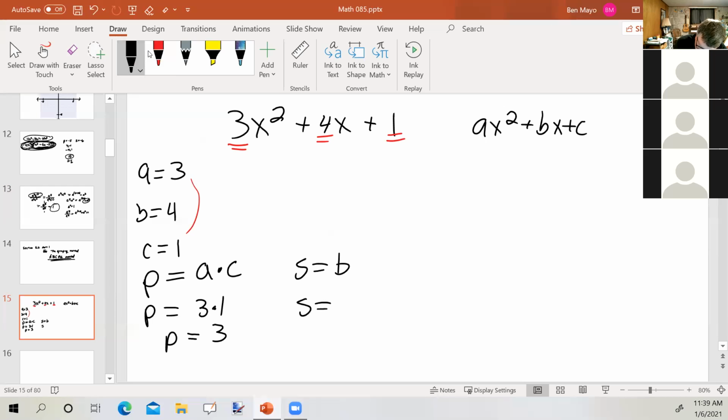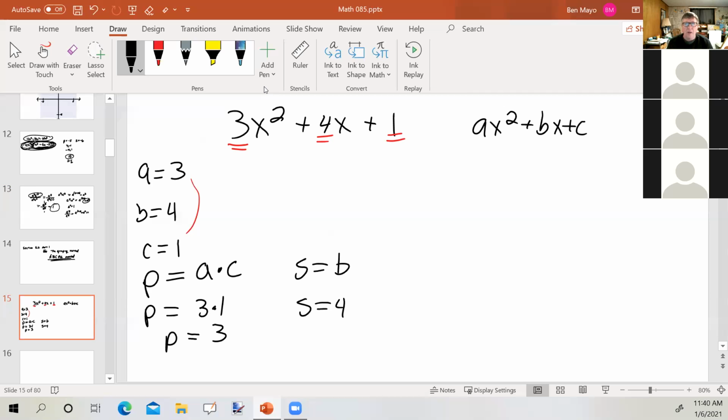So the sum would equal 4. So similar to yesterday's method, we're finding a product and a sum. But now the product is the first coefficient times the last coefficient, not just the last coefficient. So this is similar, but not exactly the same. Okay. So again, any questions where I got p equals 3 and s equals 4?